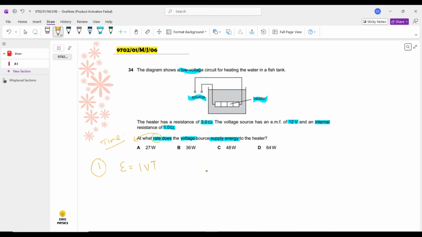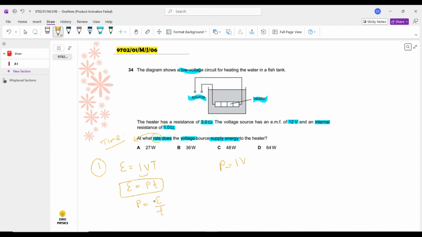Secondly, we know the formula P equals IV. So energy equals power times time, E equals PT, and power equals E upon T. So now we know that he's talking about power. Basically, voltage determines how much energy each unit of electricity carries.